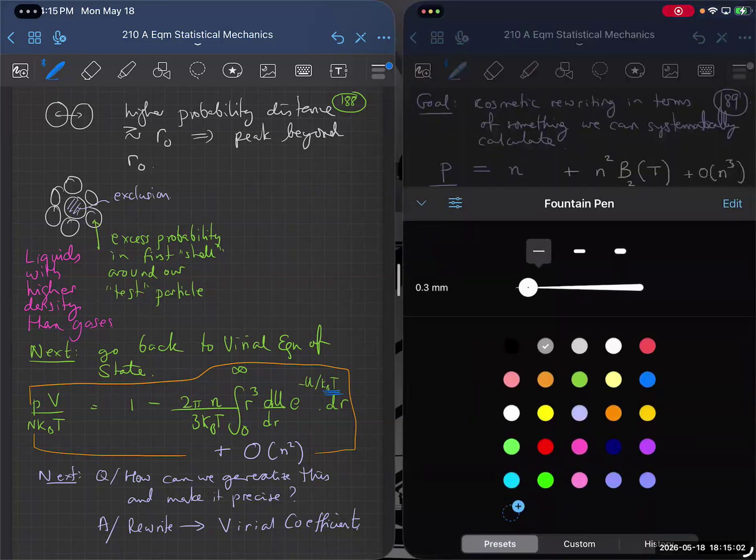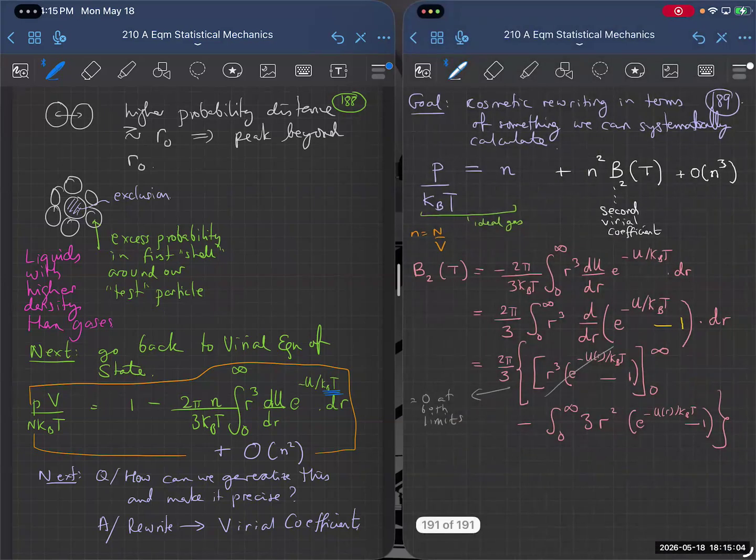And so now what I've got is my B2 is equal to just this last term.